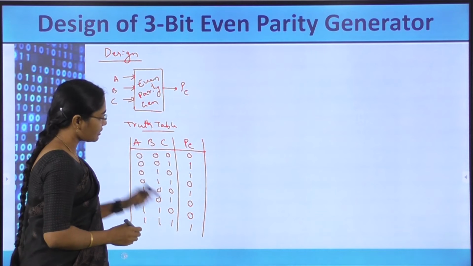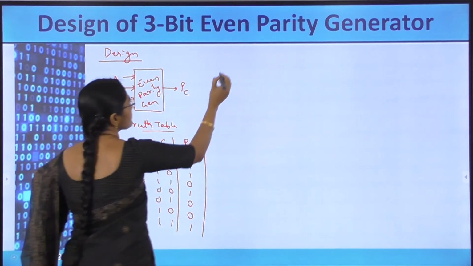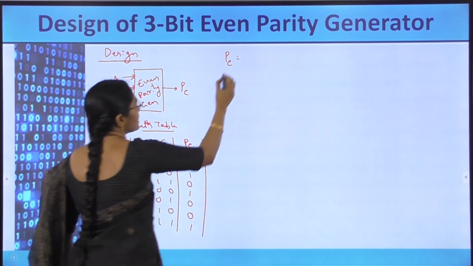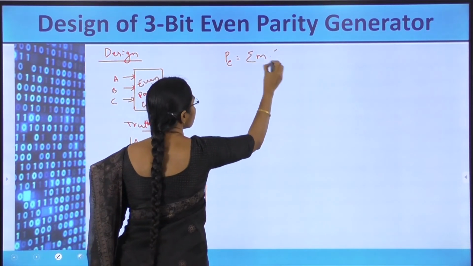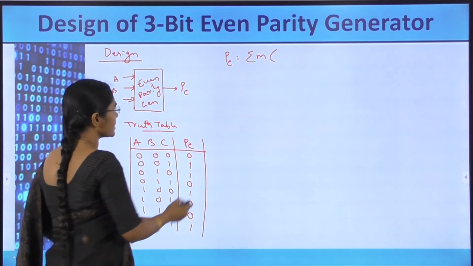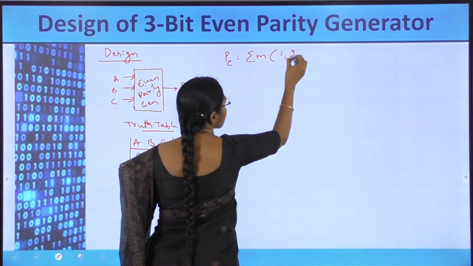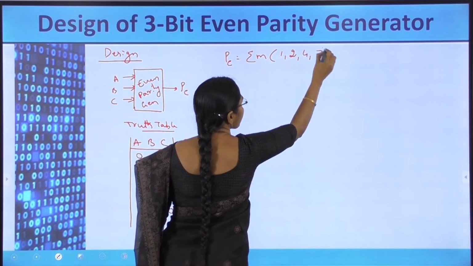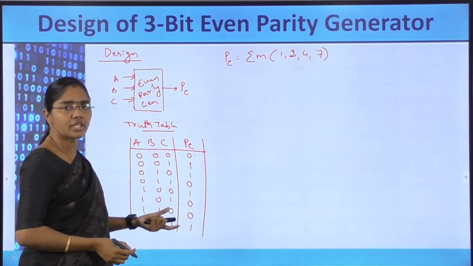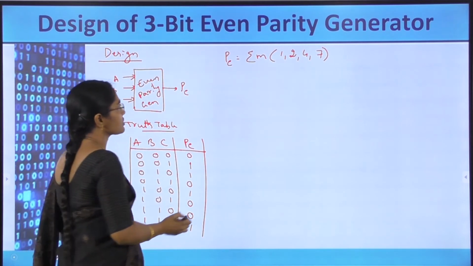Now take the PE expression from this truth table. PE is equal to, in terms of minterms or SOP, sum of 1, 2, 4 and 7. Now do the simplification and write the logic expression.